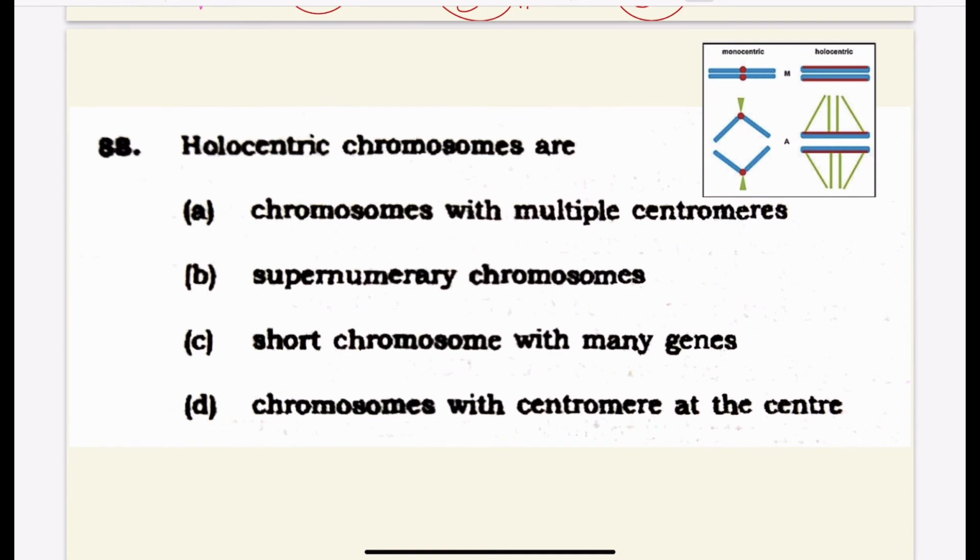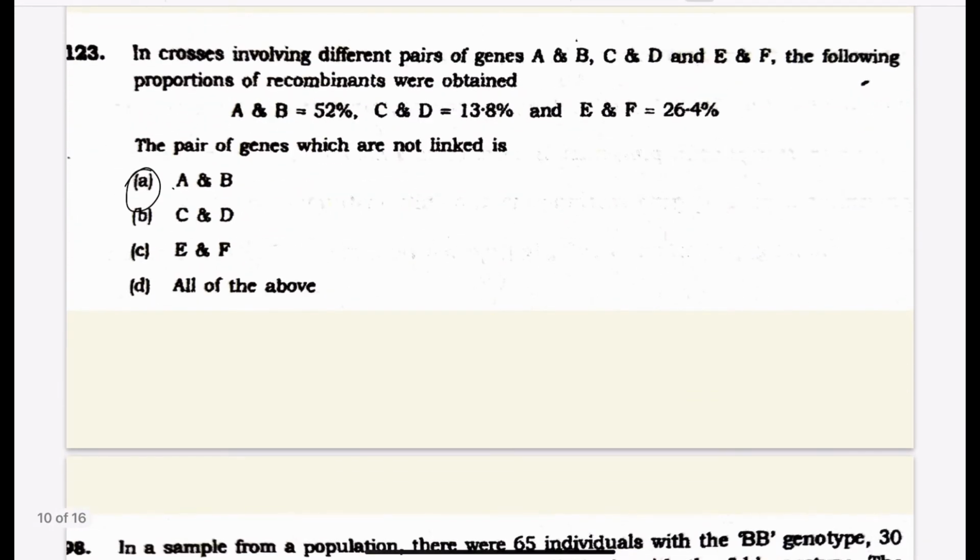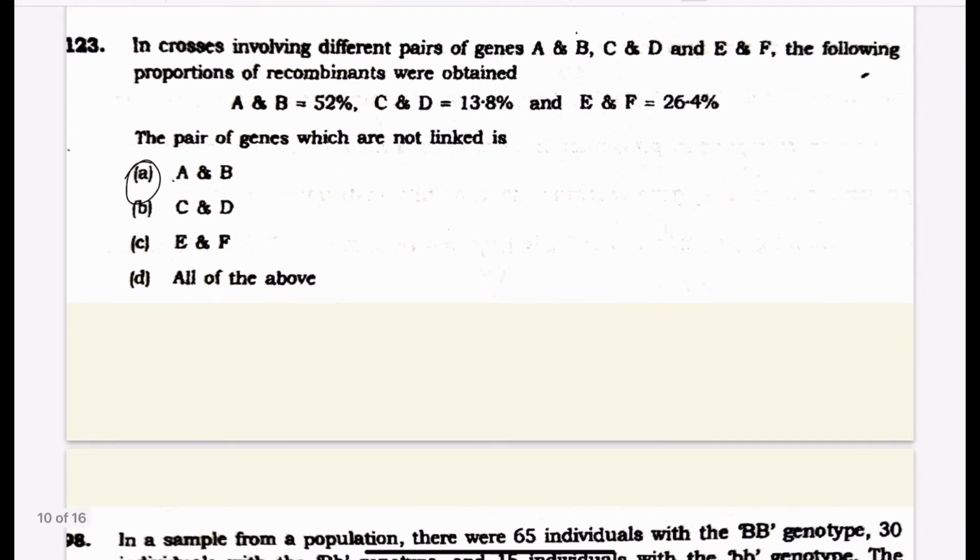So 88A. Next question. In crosses involving the different pairs of genes A and B, C and D, and E and F, the following proportion of recombinants were obtained. That is, they are given as the percentage of recombination. A and B gene when crossed, it was 52% recombination.